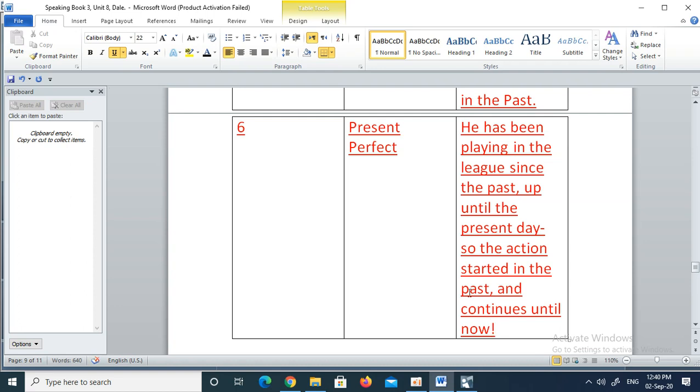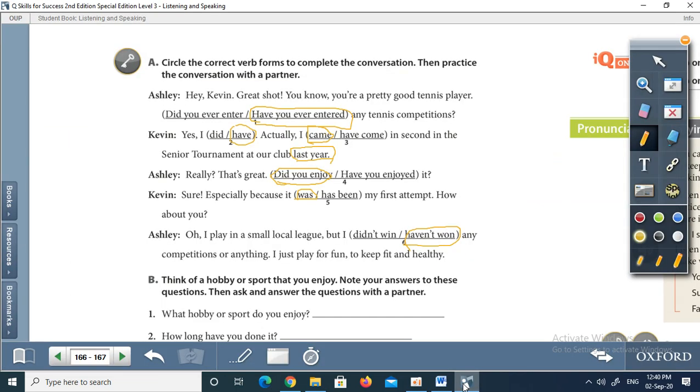All right. So number 6 is present perfect for an action that started in the past and that is continuing right up until today. Okay.